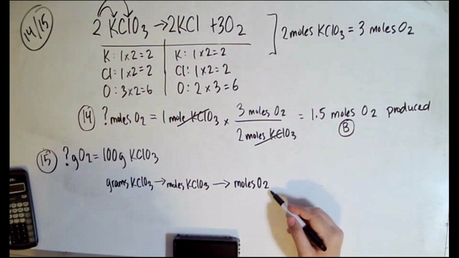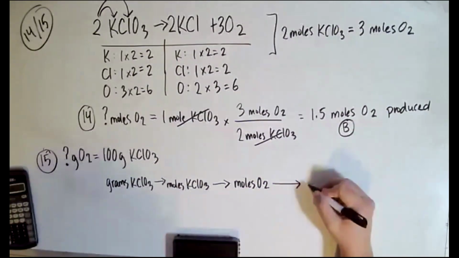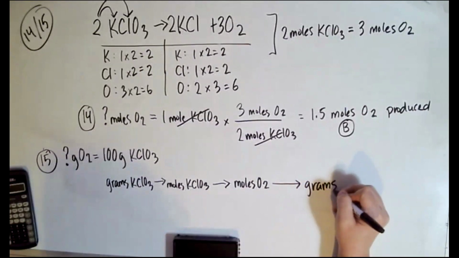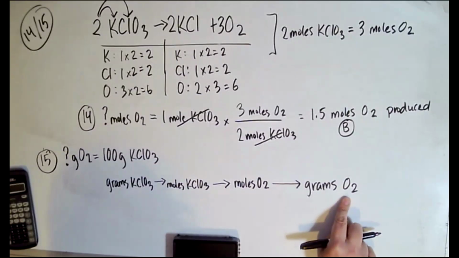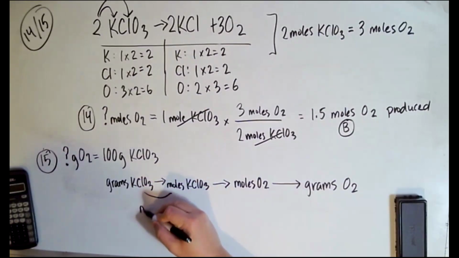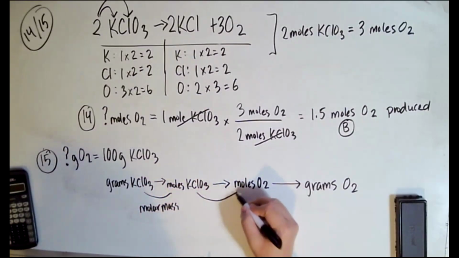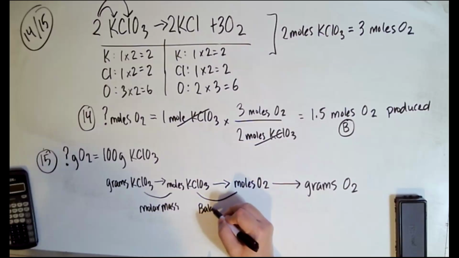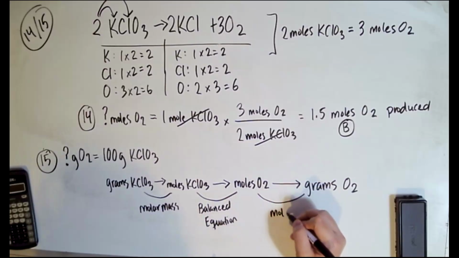And once we have our number converted into moles of oxygen, then we can convert that back into grams of oxygen by using the molar mass of oxygen, of O2. So this step is going to be molar mass. This step is going to be our balanced equation. And then this step is going to be the molar mass of oxygen.